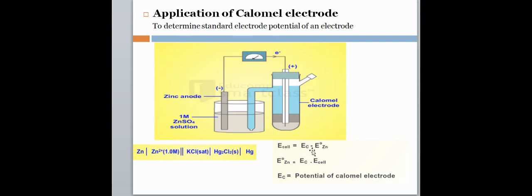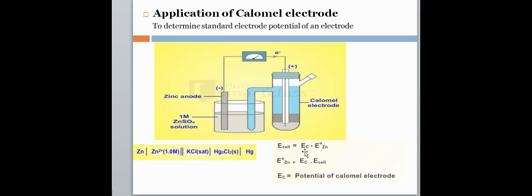So E0 Zn will be equal to EC minus E cell. Suppose if I know potential of calomel electrode, and if I know the cell potential, I will be able to find out the potential of the other electrode, that is zinc.